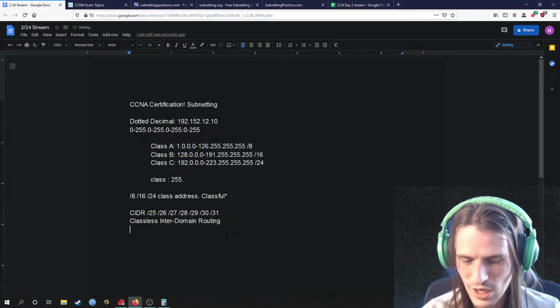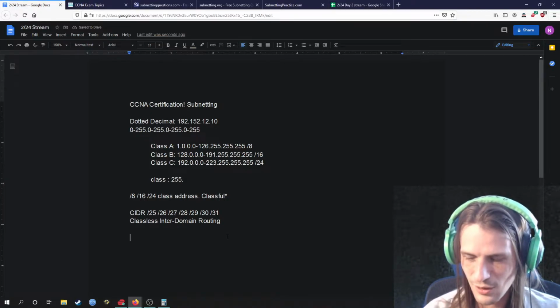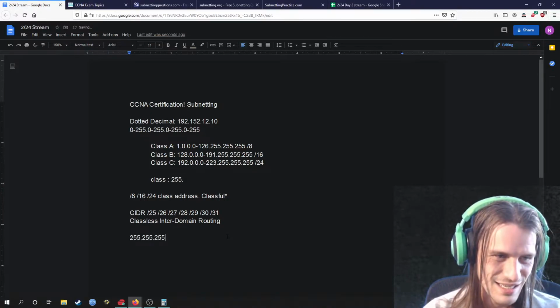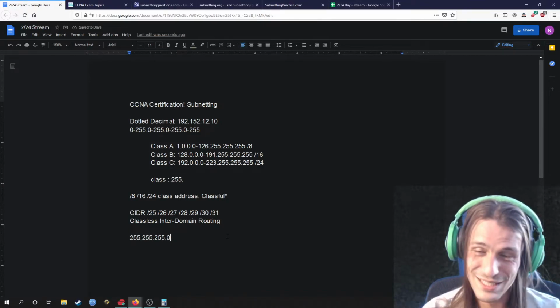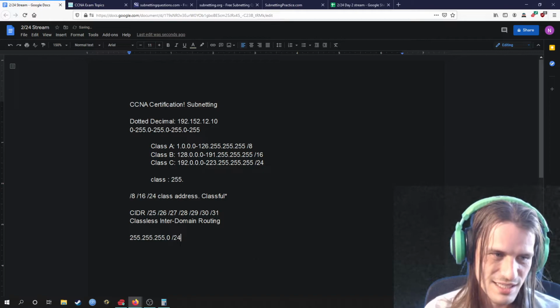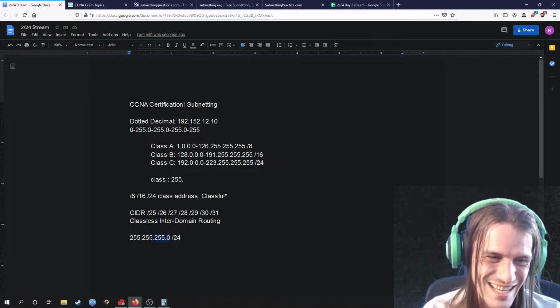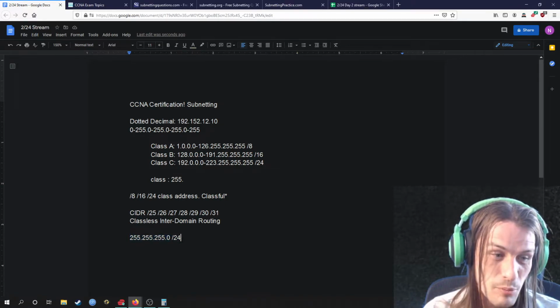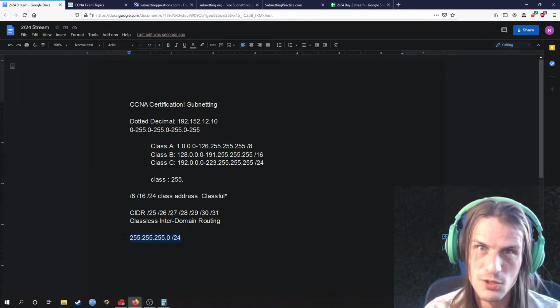When you make network maps, which are actual drawings, instead of writing out a 255.255.255.0 mask, you can just say this is a /24. It takes up so much less space and is so much easier to write. But then you have to be able to convert between the two.